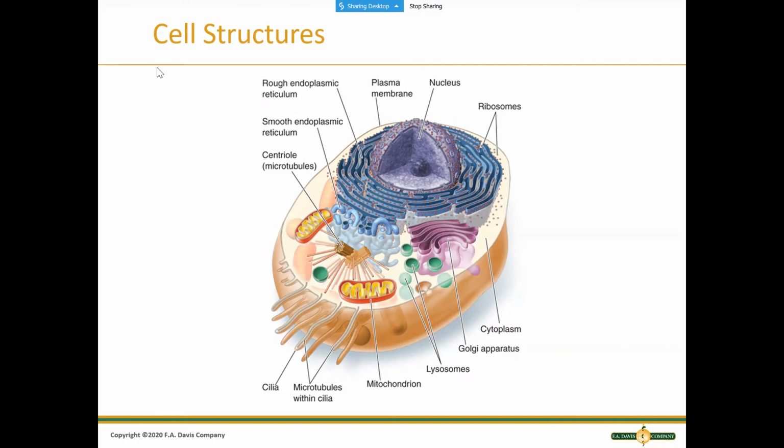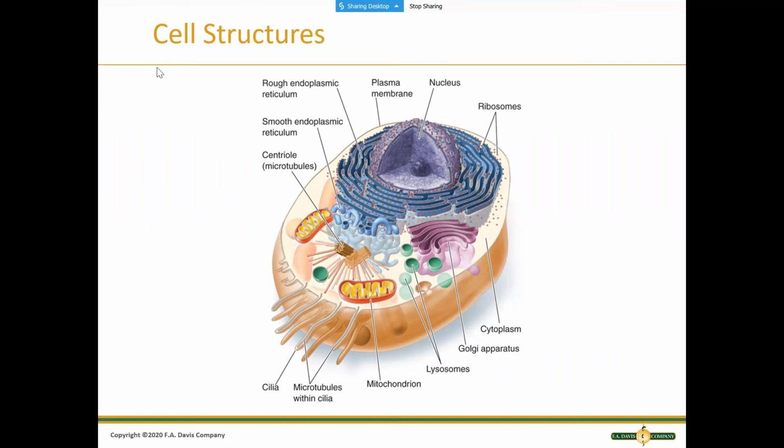A couple other structures on this slide which are pretty interesting. The nucleus, that's where the DNA resides. And what does DNA really do? All it really is doing, its purpose is to code instructions, just like computer software programming.